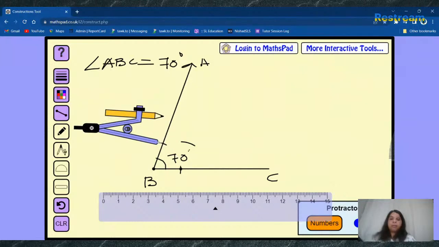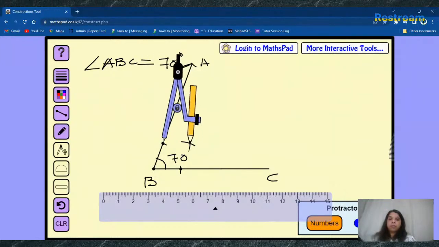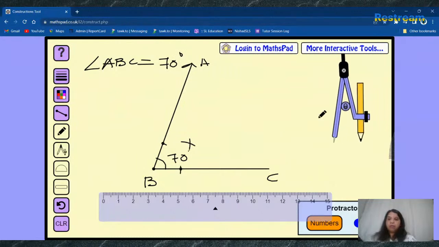Keep it over here. Okay, and then this one. And now I will draw a, let's say, blue line passing through this, and this line is my bisector.